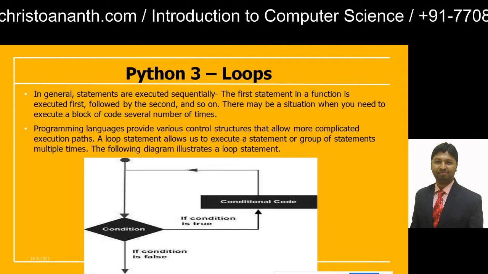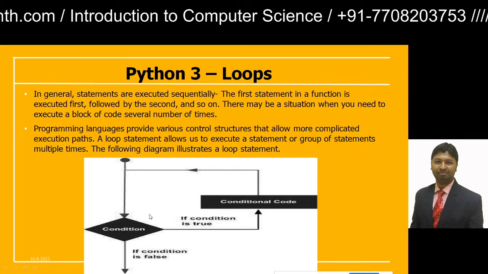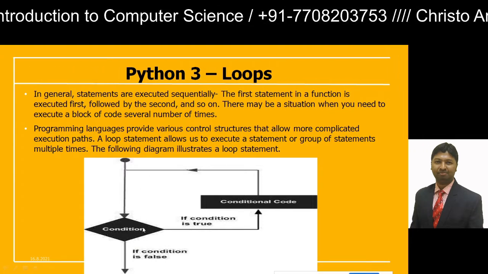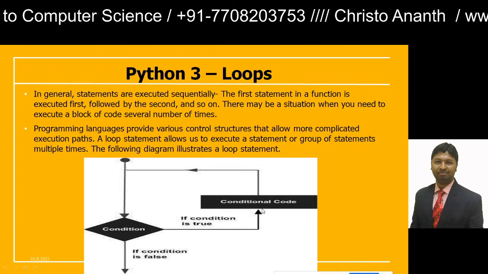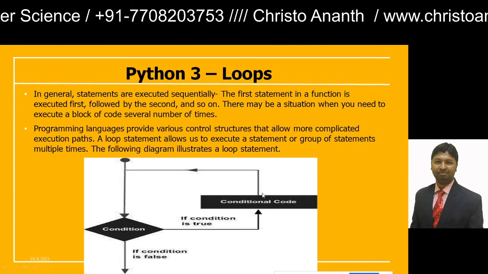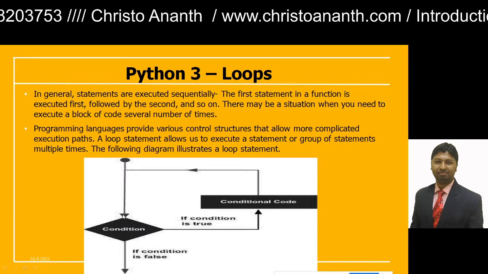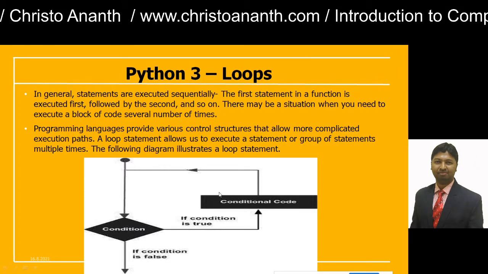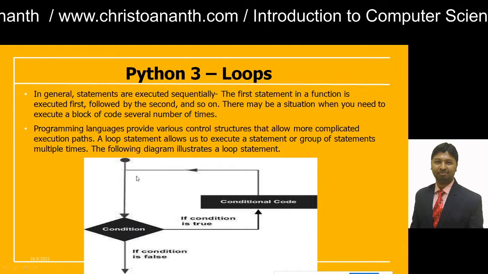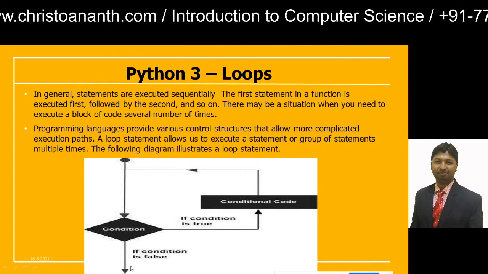In a loop statement, if you have a condition and it is true, you go with the conditional code. Then it goes to the loop again. As long as the condition is true, it goes on in loop fashion. When it is false, it terminates out of the loop.